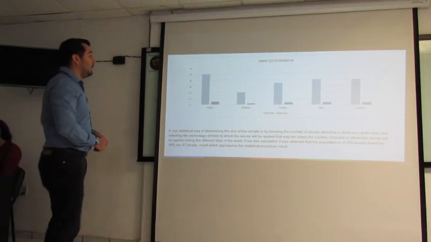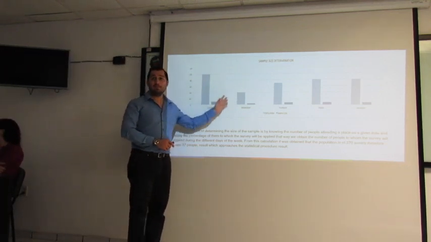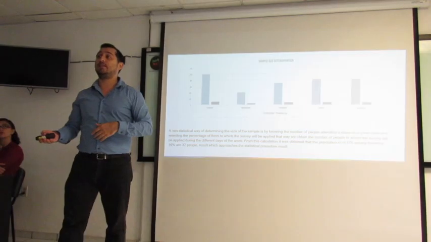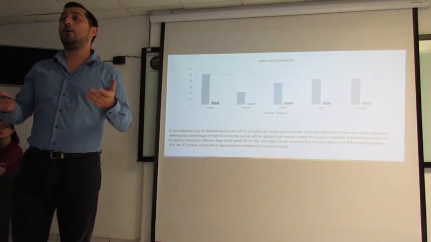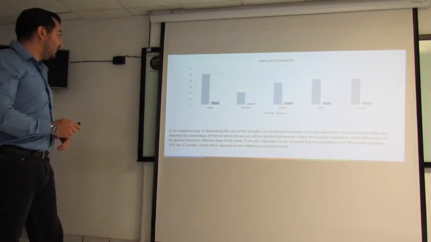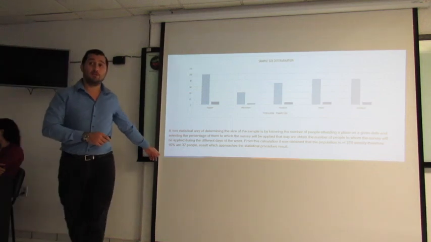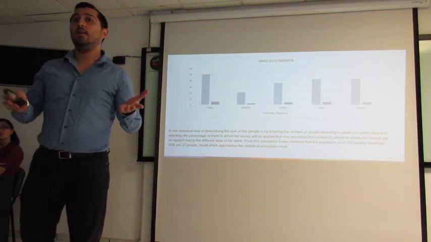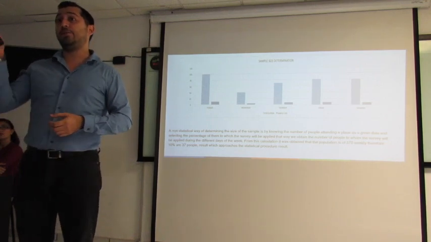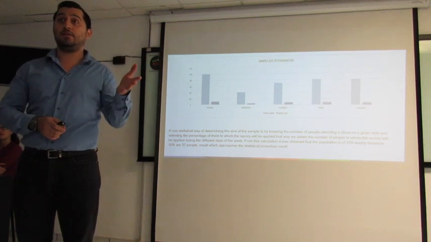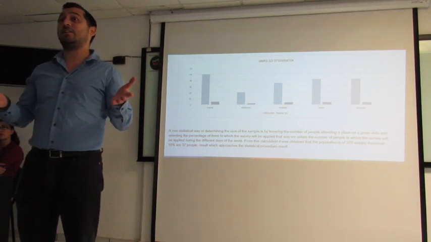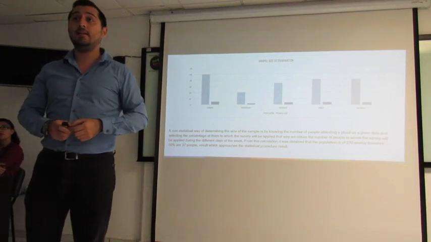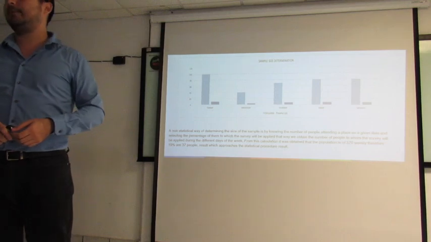With this information, we found out the number of people that come throughout the week, and we decided to take a 10% sample from each of the days to come up with a grand total of only 37 surveys. As we can see, the non-statistical approach and the statistical approach gave pretty much the same result: 38.4 in the first one, and 37 in the second one. That way we can trust that the number of surveys that we are taking is actually larger than needed.